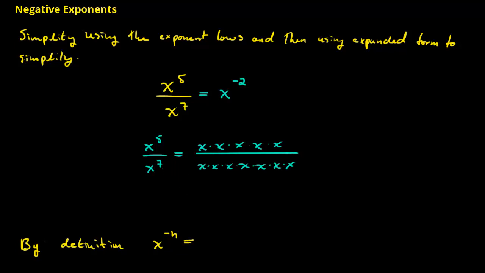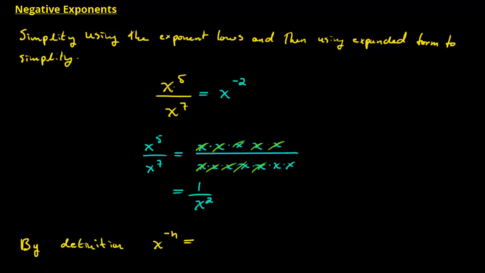So we could divide out 5 factors of x. And what we're left with is 2 factors of x in the denominator, and I have that this is equivalent to 1 over x squared.